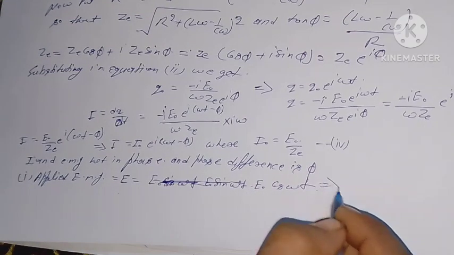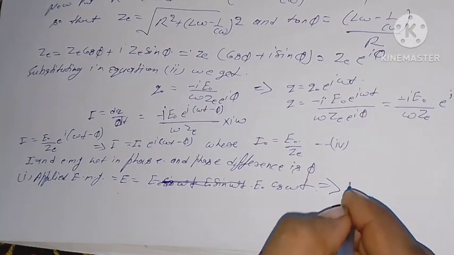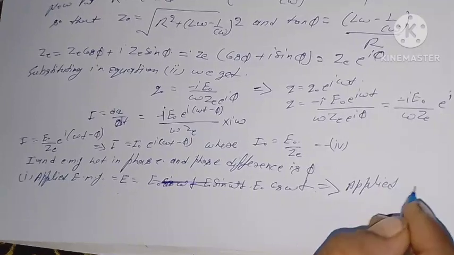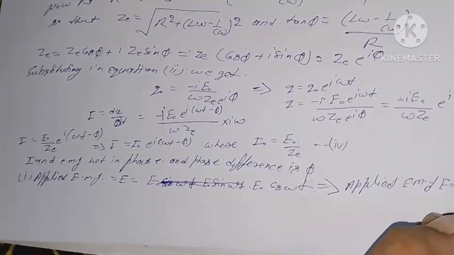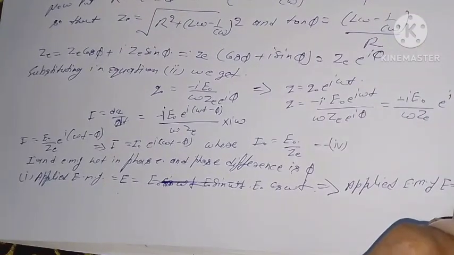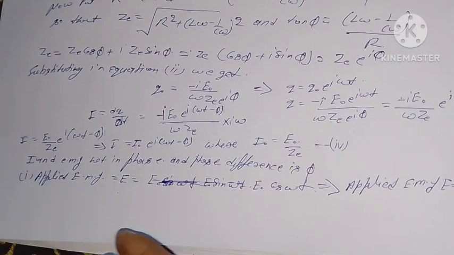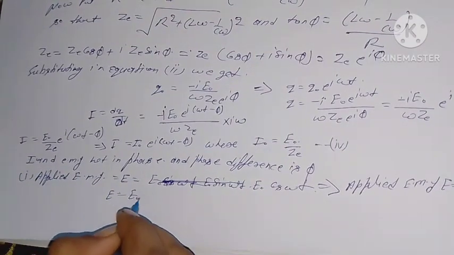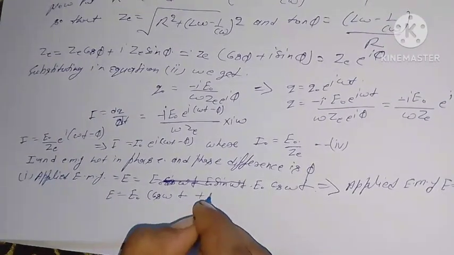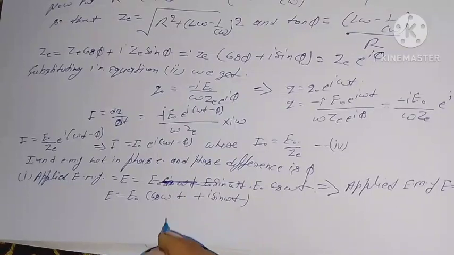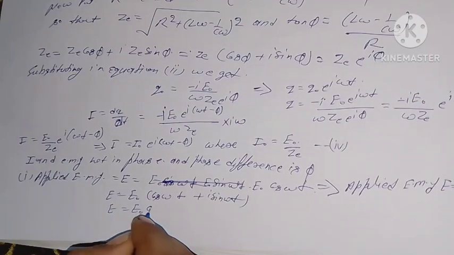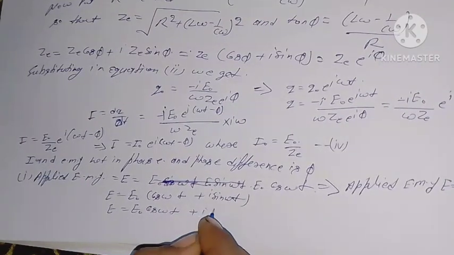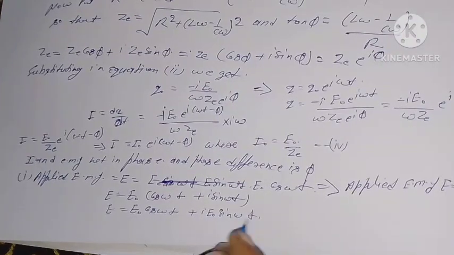The applied EMF E naught e to the power i omega t can be put in the form E equal to E naught cos omega t plus i E naught sin omega t.